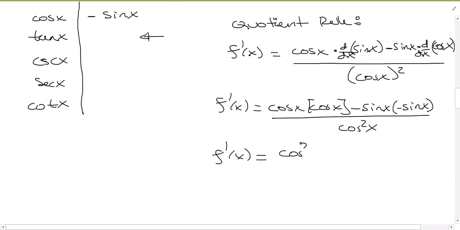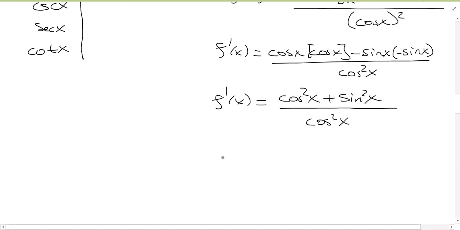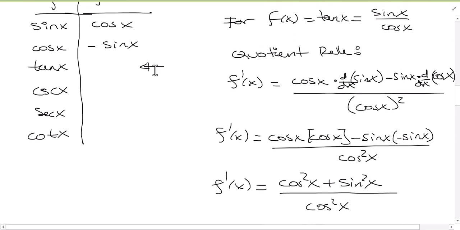I'm going to have cosine squared x, minus times a minus becomes plus, sine squared x, all over cosine squared x. And what do you know about cosine squared plus sine squared? Yep, that is equal to 1. So I'll have 1 over cosine squared x, which is the reciprocal of cosine squared, so that means this is secant squared x. So we can go back to our chart over here. The derivative of tangent is secant squared.